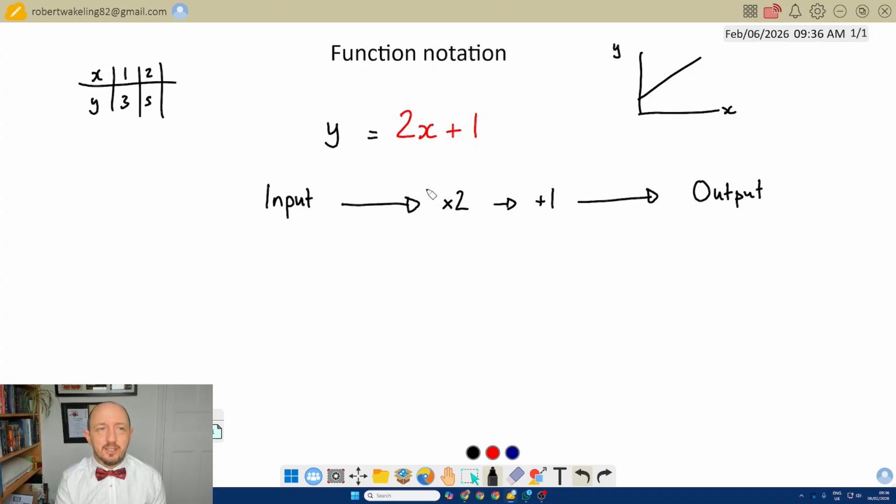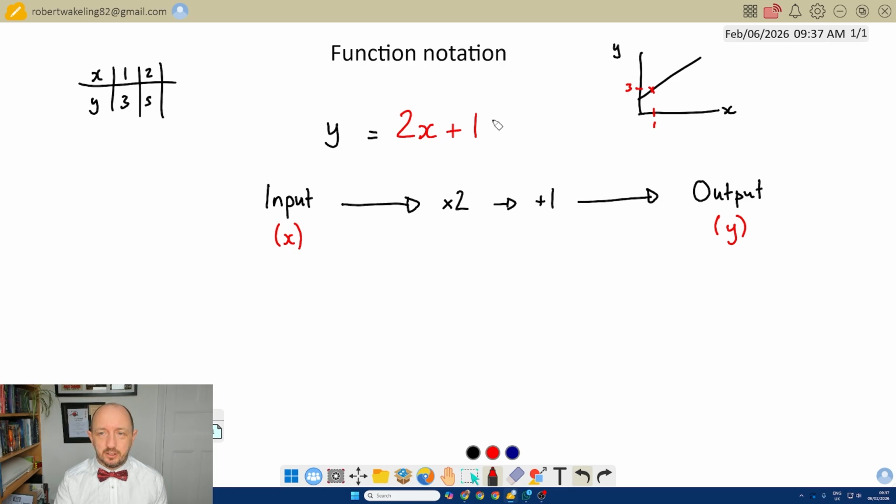And essentially when you're doing this, x is your input and the y coordinate is your output. So you can link these together. When x is 1, y will be 3, for example, and you put a little cross. So you've been doing that over and over again till boredom for the last however many years.